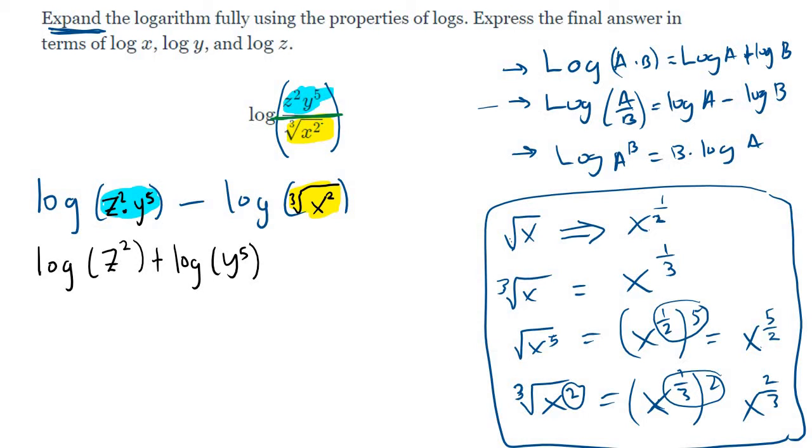We're using rule number 1 here. And then we can say minus. We have to be careful whenever we do minus. If there is more than one quantity there, we have to use parentheses. But it's only one quantity, x squared, so there's no need for parentheses.